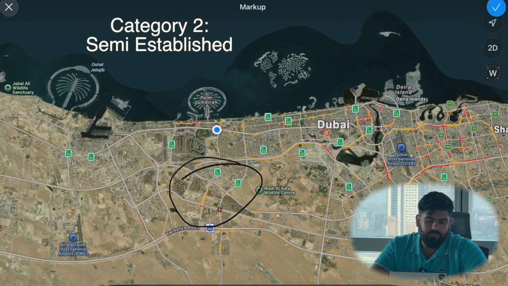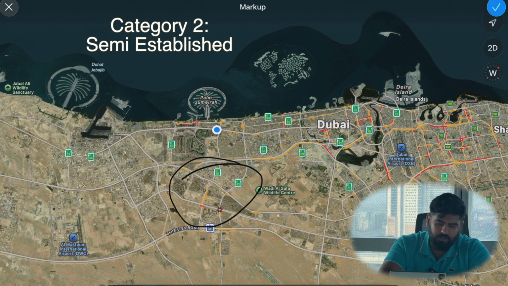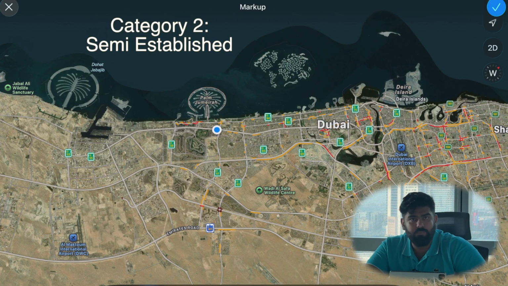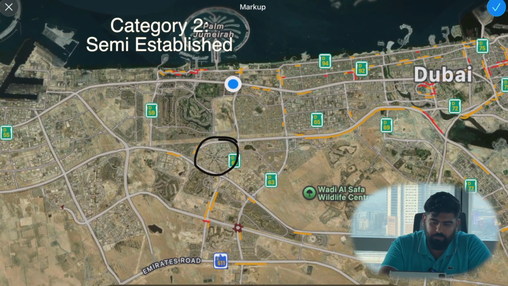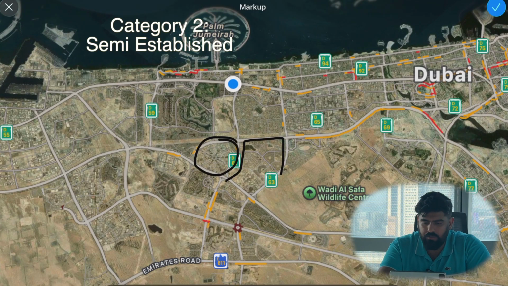Now there are different neighborhoods here, but I'm going to be breaking down just one or two. So for example, you've got JVC, which is Jumeirah Village Circle. And that's what you're going to be doing there for the rest of your life, circling for the next exit. So that's one neighborhood. Then you've got Arjan and Science Park, which is basically the same area.